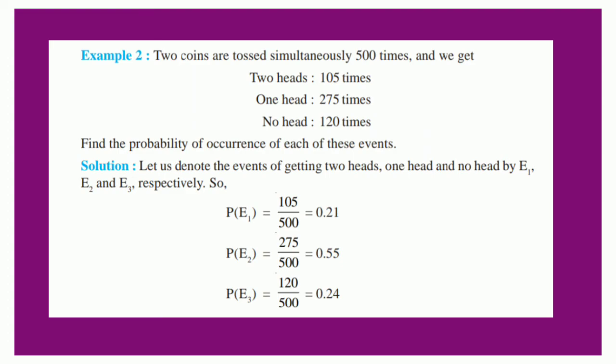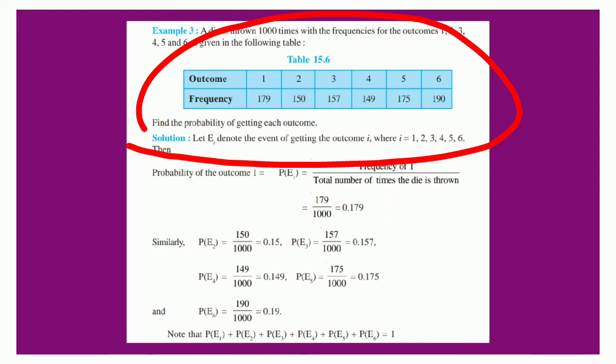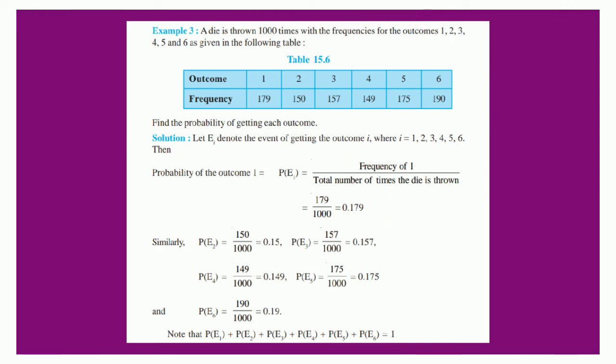you will get the answer 1. Then the next question: a die is thrown 1000 times with the frequencies for the outcomes 1, 2, 3, 4, 5 and 6 as given in the following table. Find the probability of getting each outcome.